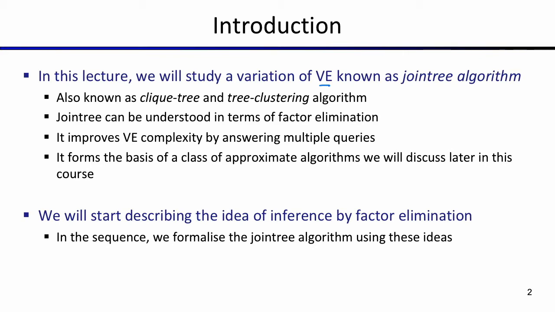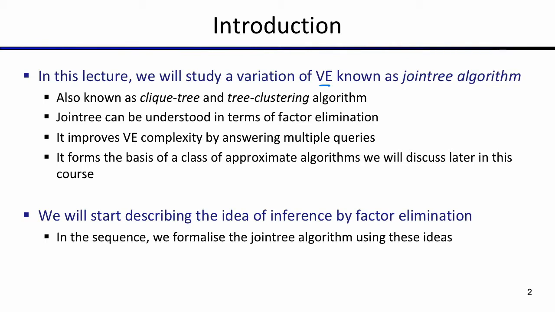Just this change of view is not enough to justify the algorithm, but the truth is that the factor elimination algorithm, the Jointree algorithm, is so popular because it improves variable elimination in terms of complexity. We're going to see that the complexity for running the Jointree algorithm is the same as that of variable elimination.